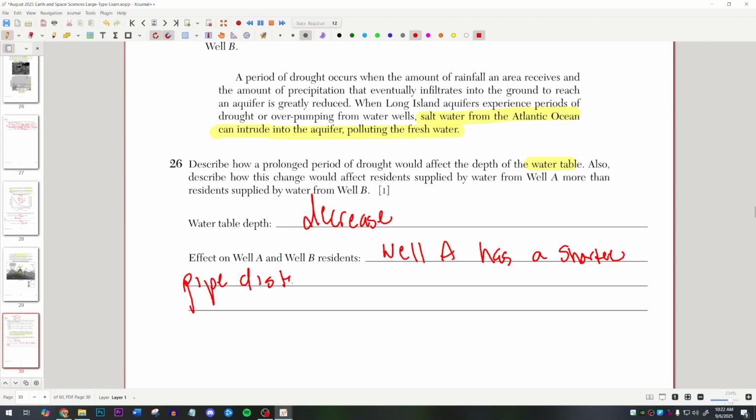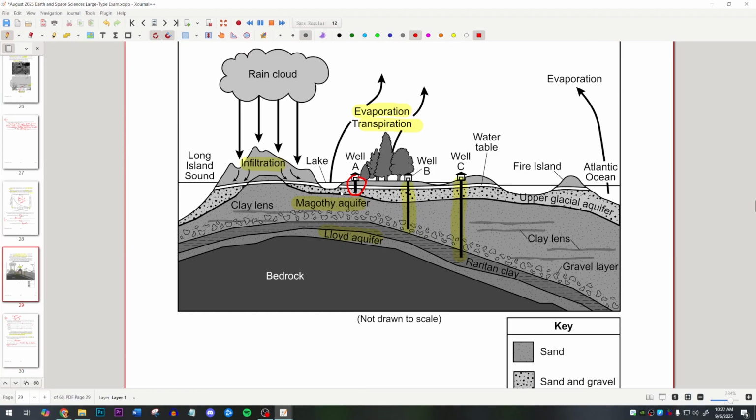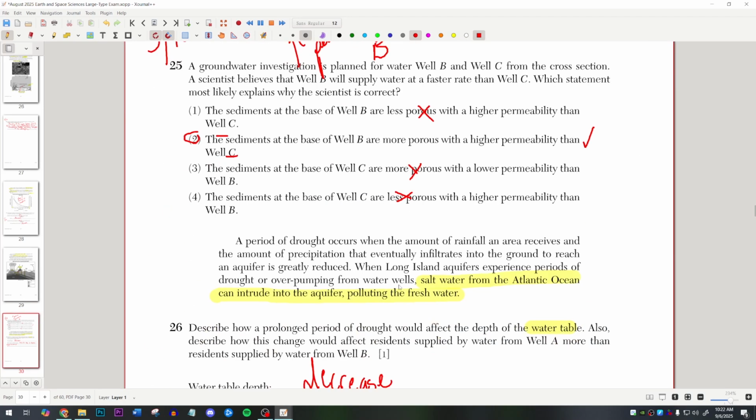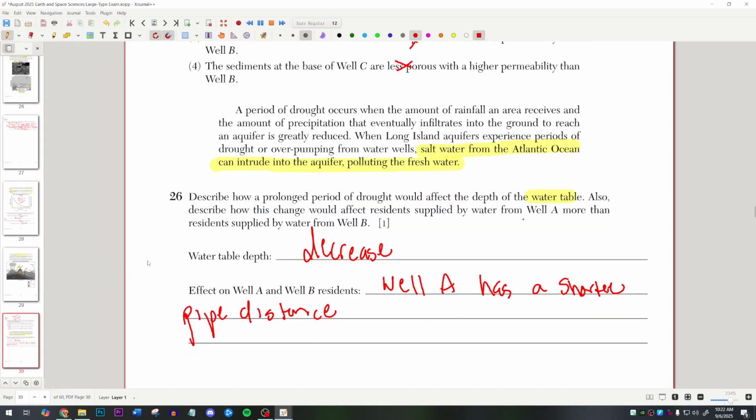Even if the water table dropped significantly, A is going to be cut off first. If it dropped to here, A is not able to pump, but B can. So 26 was really easy. I would say this is probably maybe a 4.